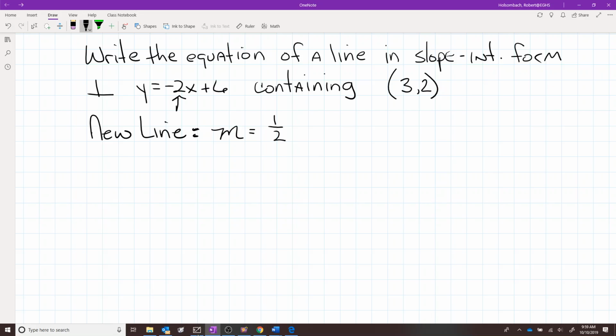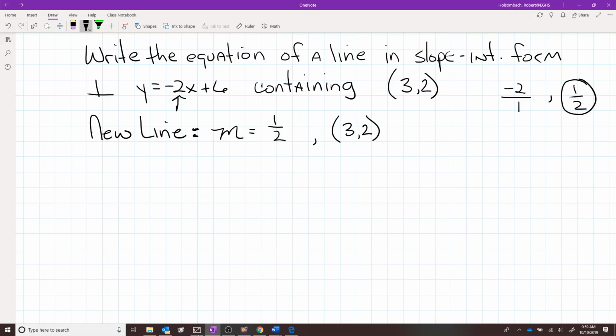Isn't negative 2 the same as negative 2 over 1? So negative reciprocal, opposite sign. The opposite sign of a negative is a positive, and when we flip this fraction, it becomes 1/2. So there's your negative reciprocal of negative 2. So the slope of the new line is 1/2, and it goes through the point 3, 2.